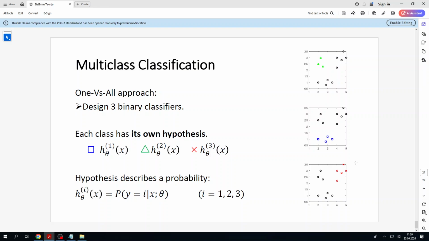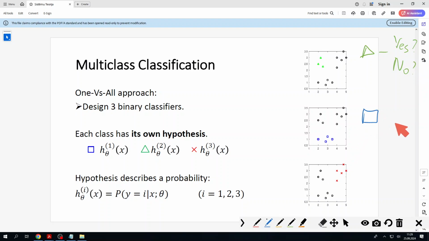The first classifier will give you the answer to the question: triangle, yes or no. The second classifier is going to give you the answer to this, a yes or no.